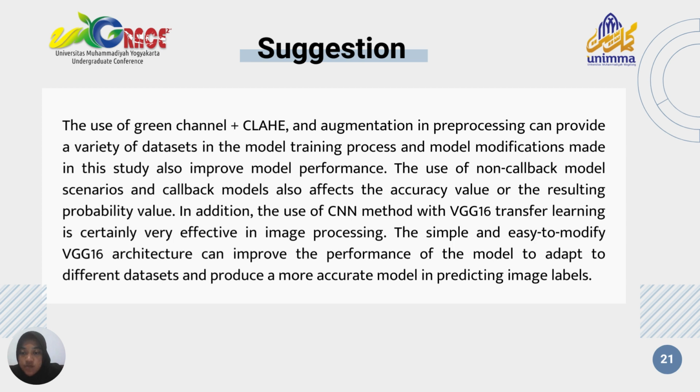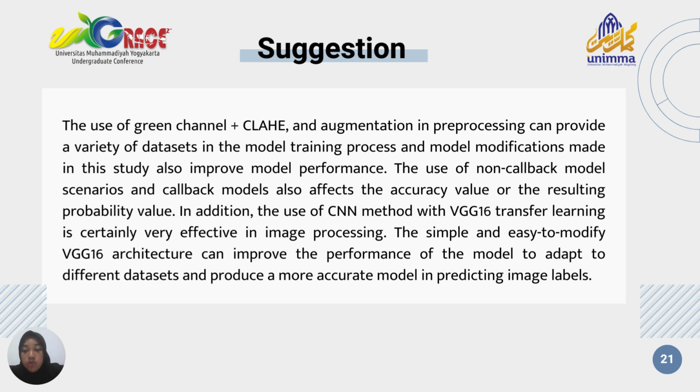And then the use of green channel and CLAHE and augmentation in preprocessing can provide a variety of datasets in the model training process and make the image clearer. The model modification made in this study also improves the performance of the model.